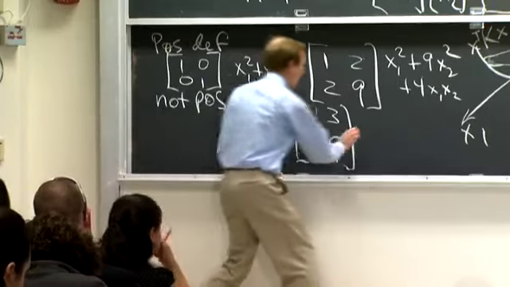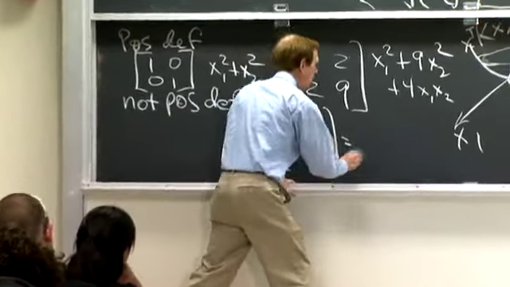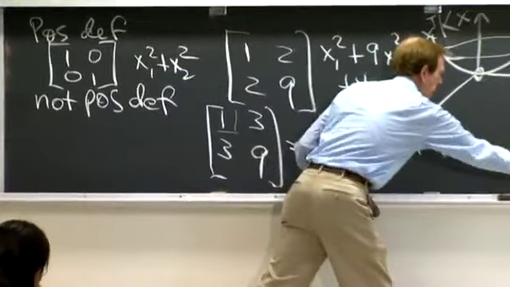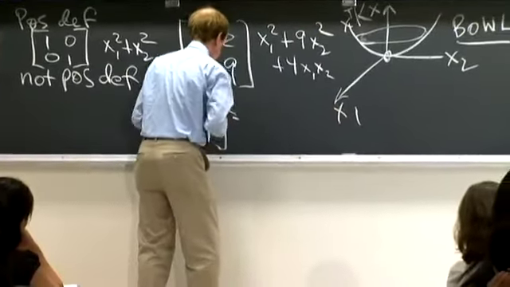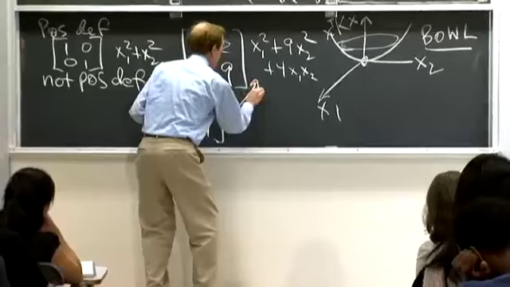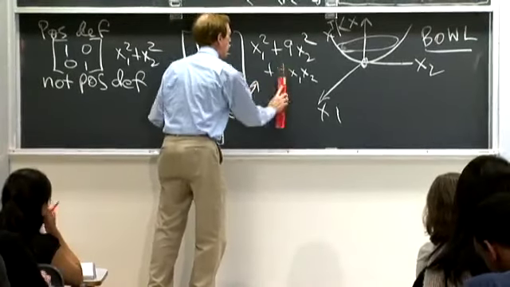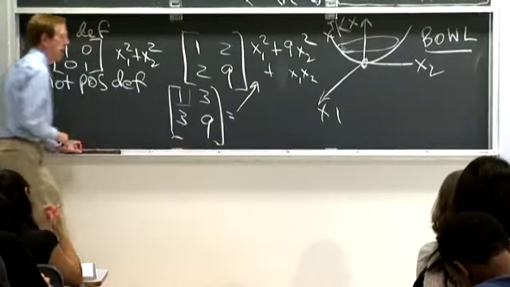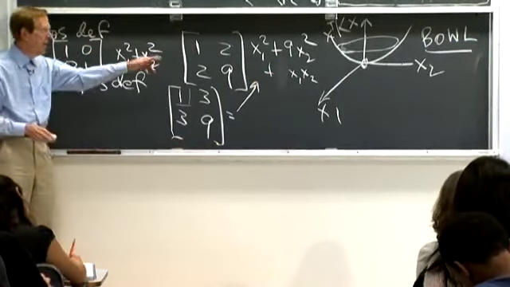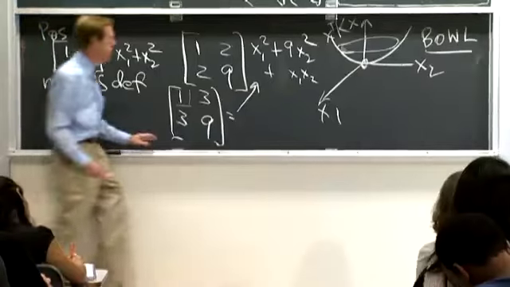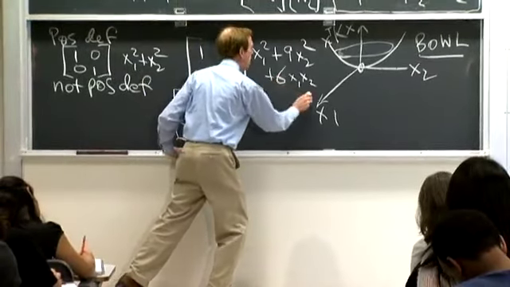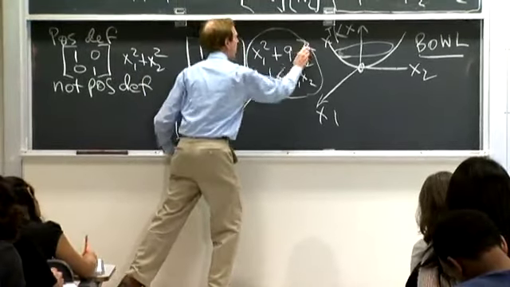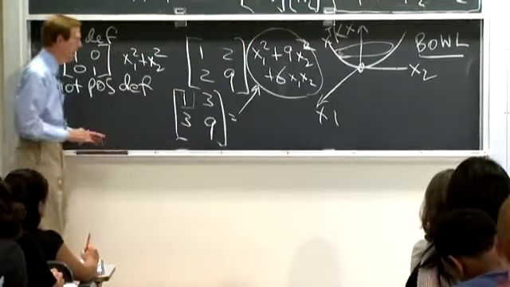Let me see what my quadratic would be. Can I just change it up here rather than rewriting it? So I have to change that 4 to what? That 4 is now a 6. Okay, this is my guy for this one, which is not positive definite.